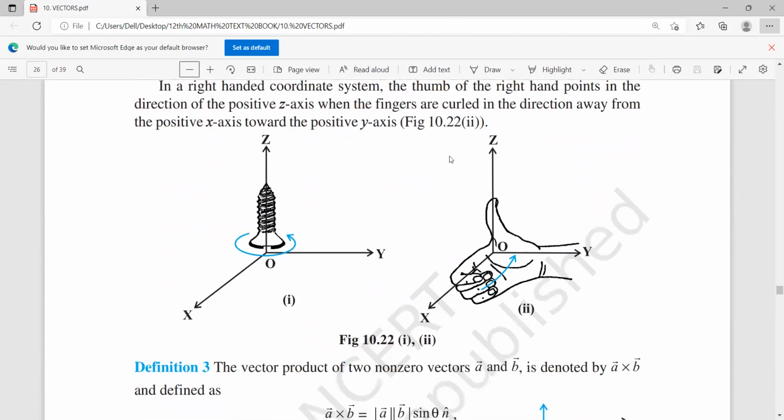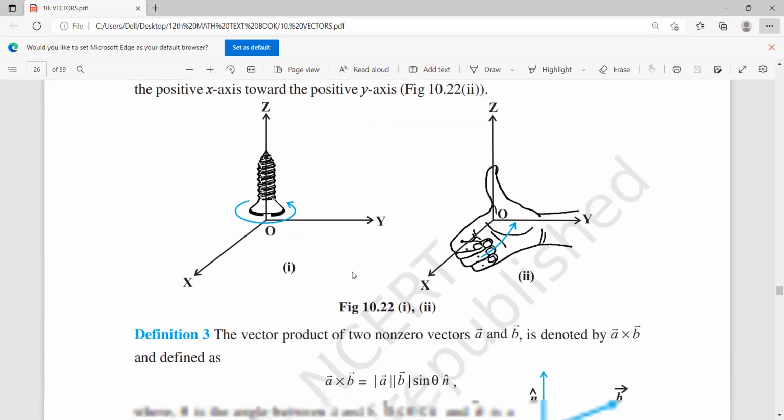So x to y are rotating like this, then the screw will go upwards. Yes or no? This is what is called the right-hand system.